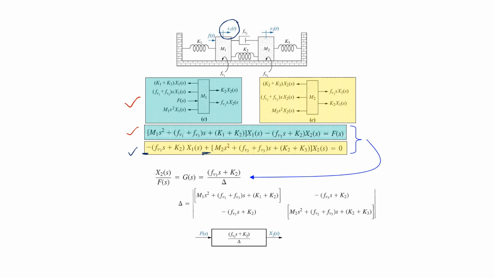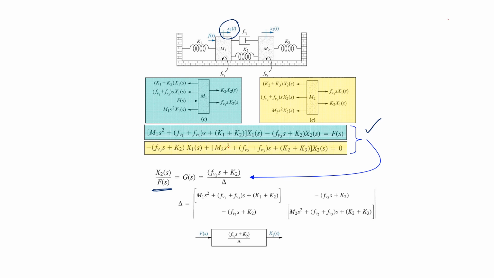After we have found the equations of motion written here, the next step is to find the actual transfer function. In this case, we were required to find the transfer function x2 of s divided by f of s. So the above system of simultaneous equations can be solved by using Cramer's rule.